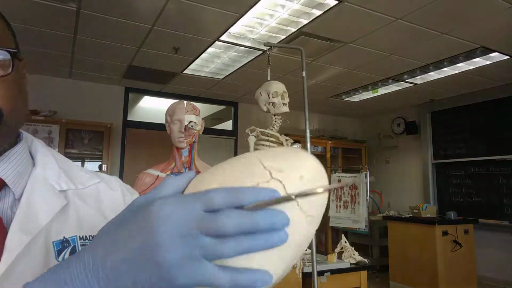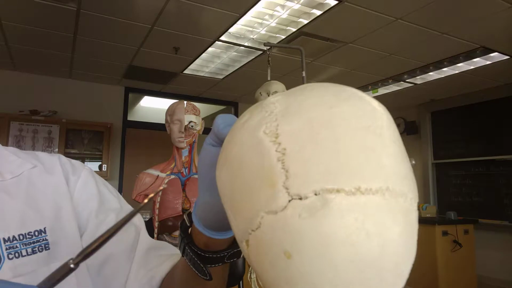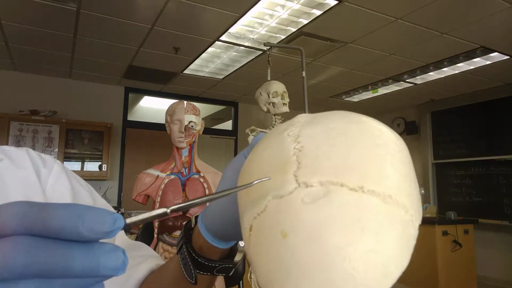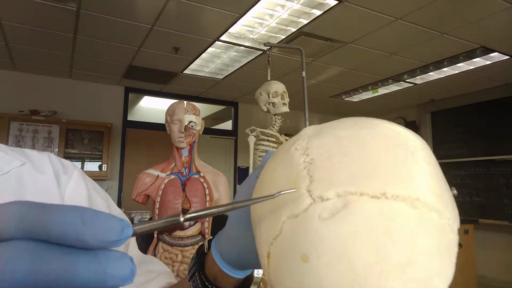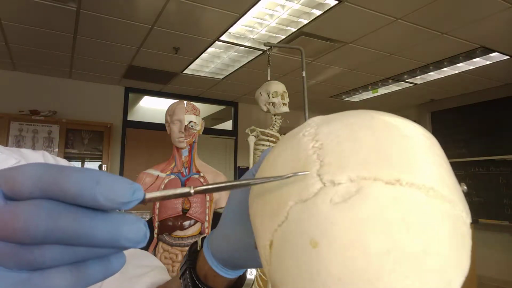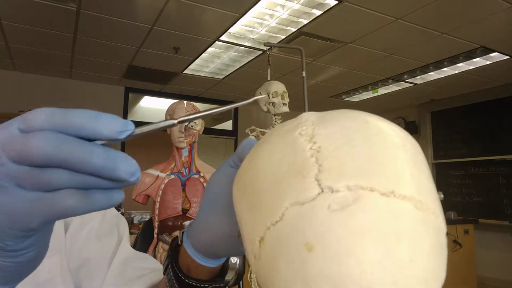In the adult skull, the sutures, or these immovable joints, are here, and they are seen as these lines. This is known as the sagittal suture.